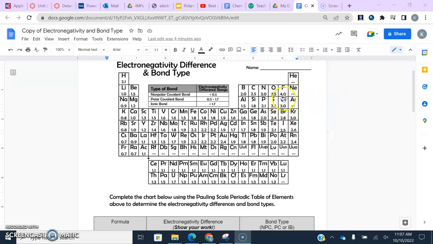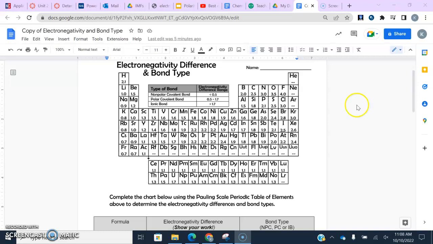On this Pauling table, we have these different numbers, and these numbers indicate the electronegativity of the element. Remember, electronegativity is just the ability of that element to attract a shared electron.